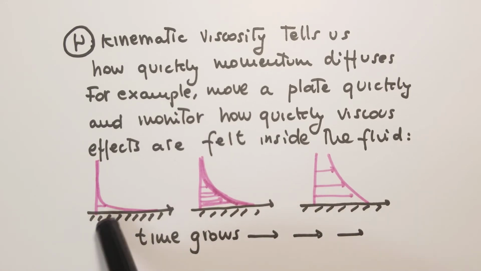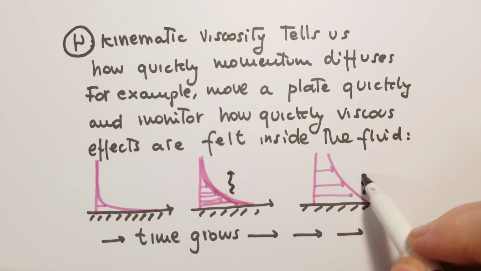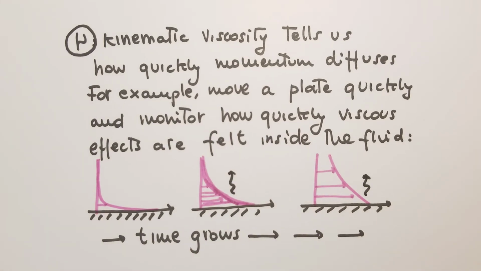Initially, all the velocity gradients are confined very close to the wall. And as the time progresses, viscous effects start to diffuse upward. And so we have a thicker and thicker region where velocity gradients are important. So the faster this process occurs, the larger the kinematic viscosity.